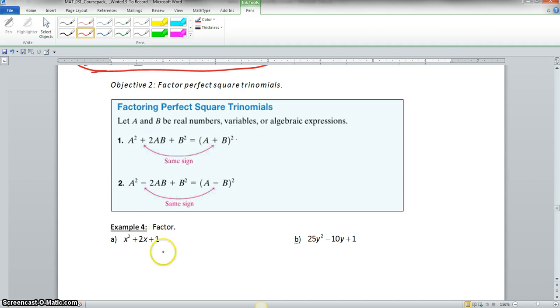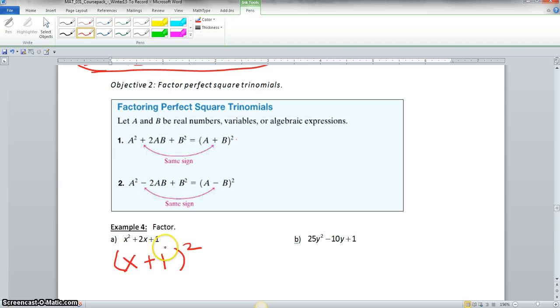Now what you have to look at is this here. Now you notice we have all addition here, which this number 1 has. So what we would do is we would take the square root of the first term, which is x, the square root of the second term, which is 1, and square the parenthesis.